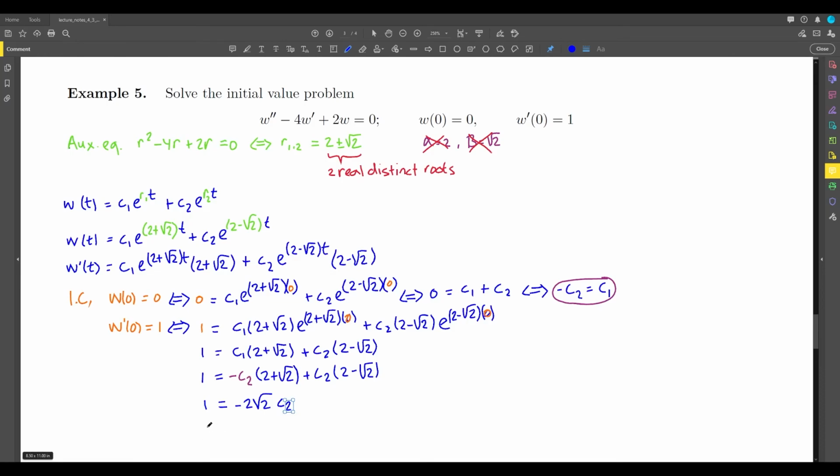So we can now solve that for c2, and c2 is equal to 1 over negative 2 square root of 2, which is an acceptable answer to me, but we can also simplify this and multiply top and bottom times square root of 2. And we then get that c2 is negative square root of 2 over 4.